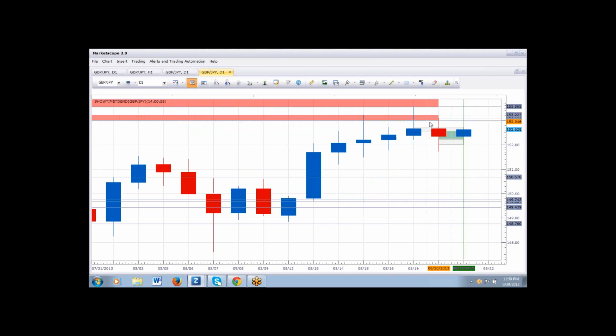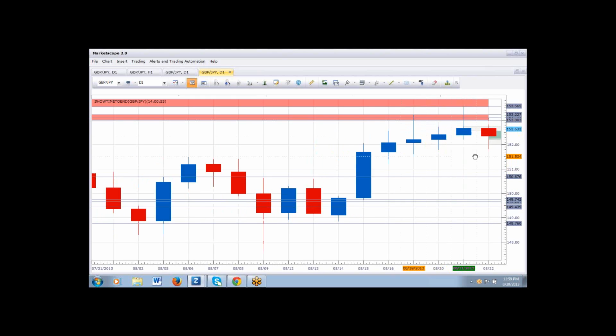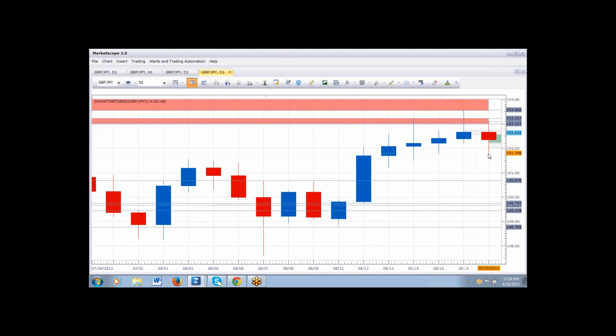So another technique is this. You take the current bar. You determine the high and the low. High is 153.10, the low is 151.72. So that range within that day is approximately how many pips? 94 pips, right?